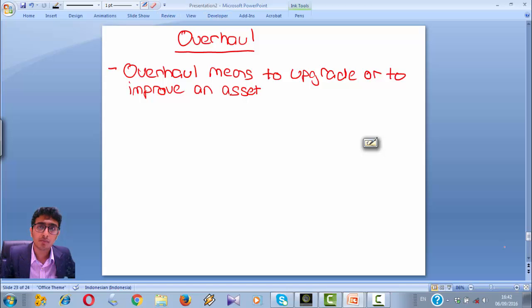Overhaul means to upgrade or to improve. The keyword is upgrade or improve an asset. Overhaul costs, we have to capitalize.